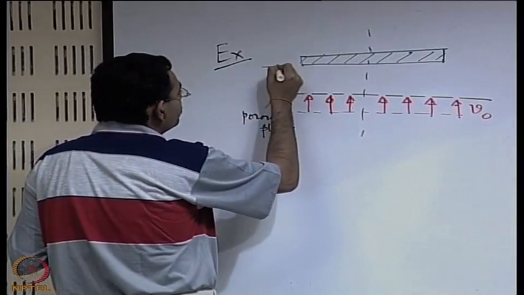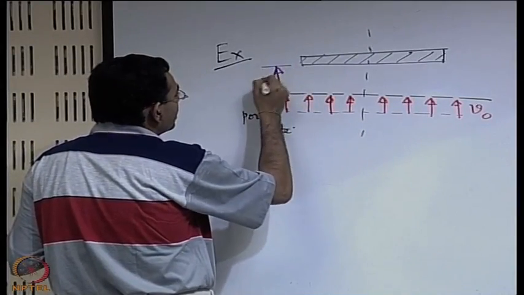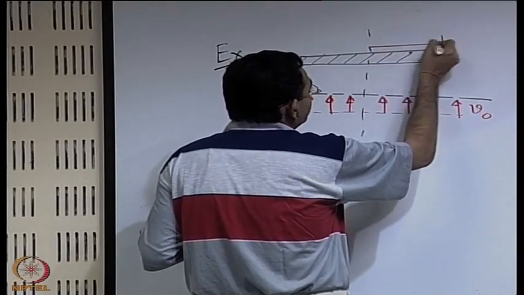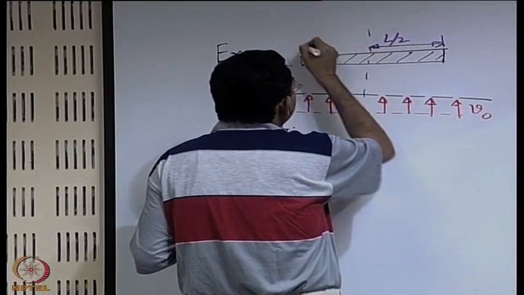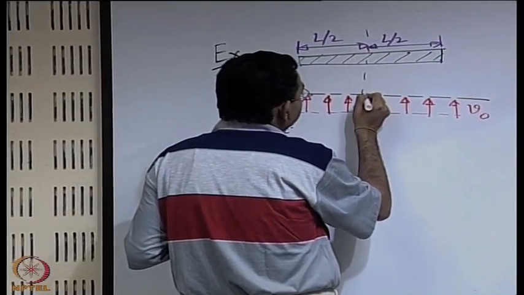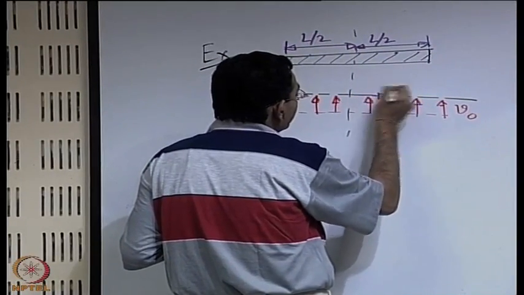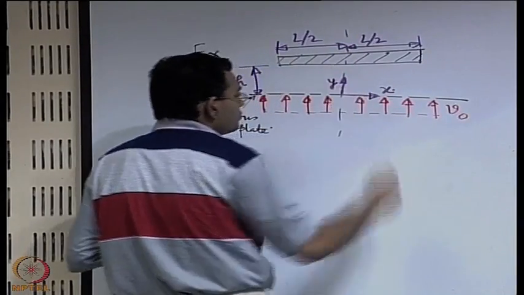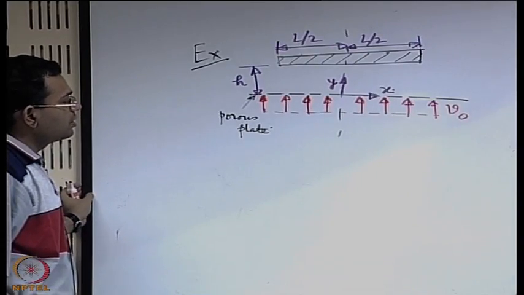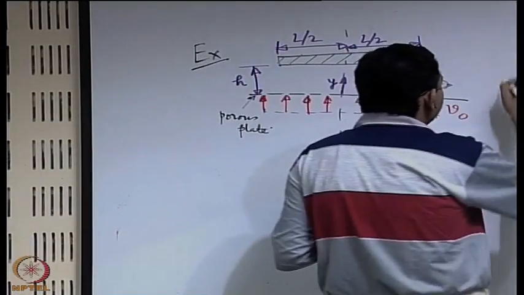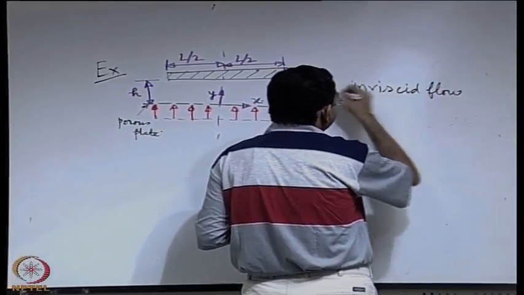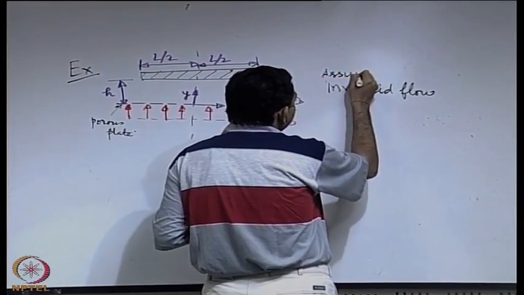The gap between these two say is h, the length maybe this is L by 2 and this is L by 2, and let us say that we have x coordinate like this and y coordinate like this. We make an assumption that it is an inviscid flow, that is given, assume inviscid flow.